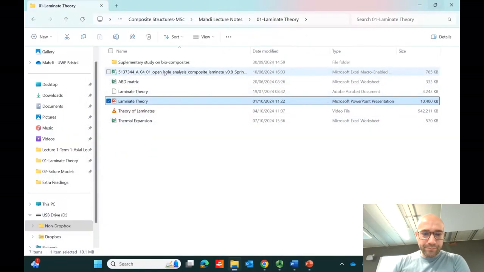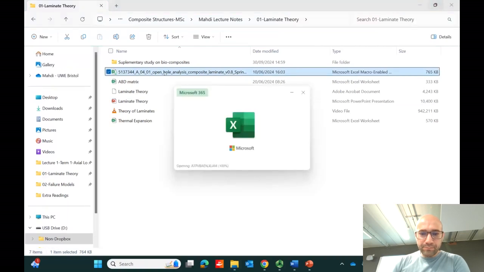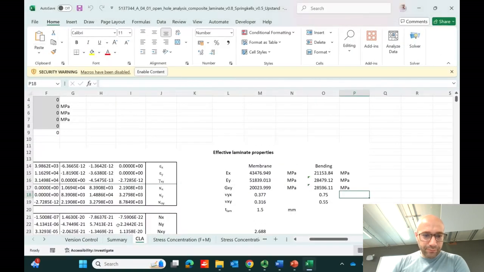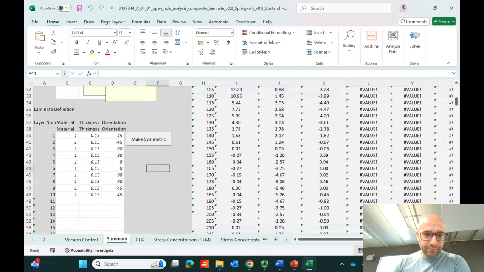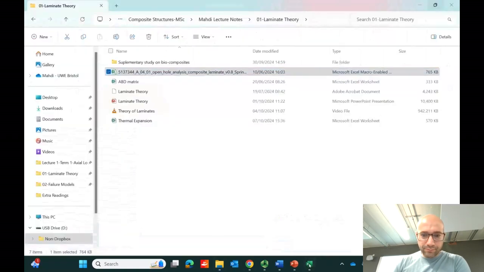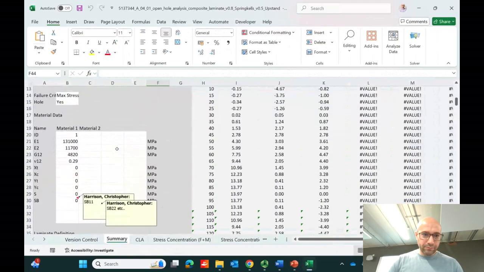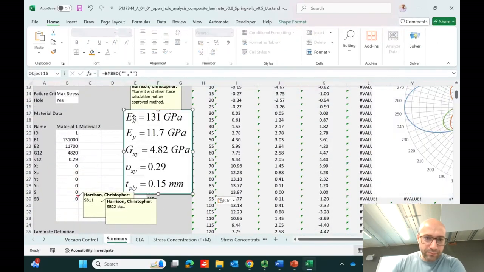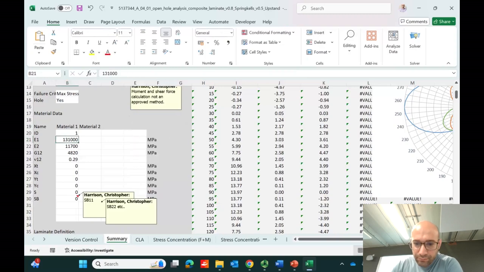So add up all the thicknesses and then divide by. And then for your set A, you do half of your 20 ply thickness. This is 0 degrees. And then you do minus.